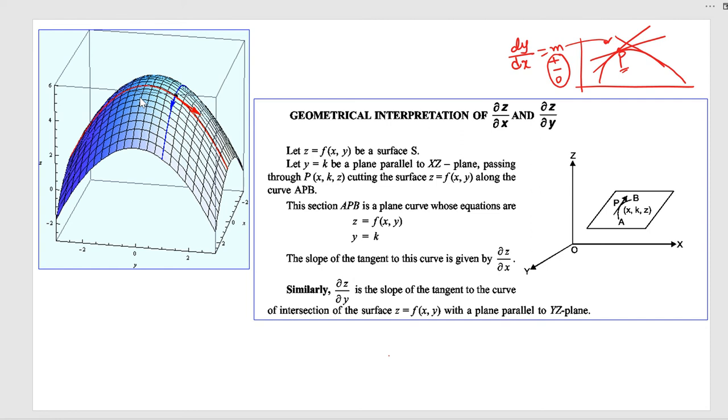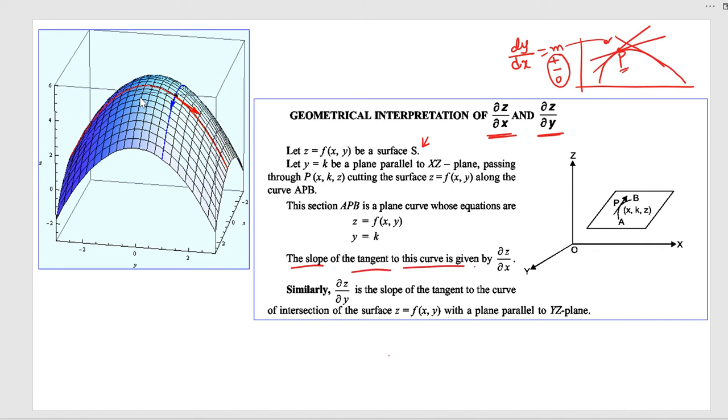So depending on that, if you try to look at the three-dimensional case for a two variable function, if you do the surface plot, then what is the meaning of the first order partial derivatives? They are the slope of the tangent to this curve.